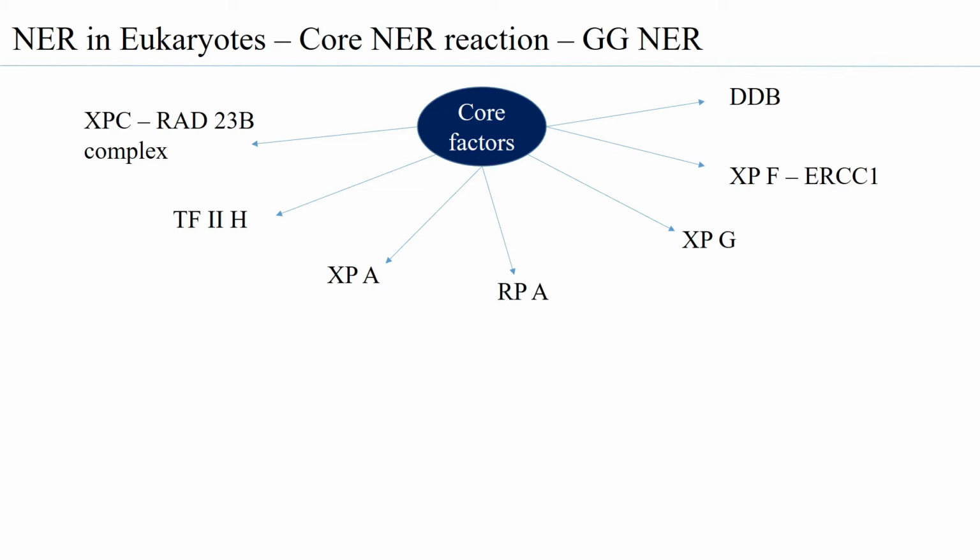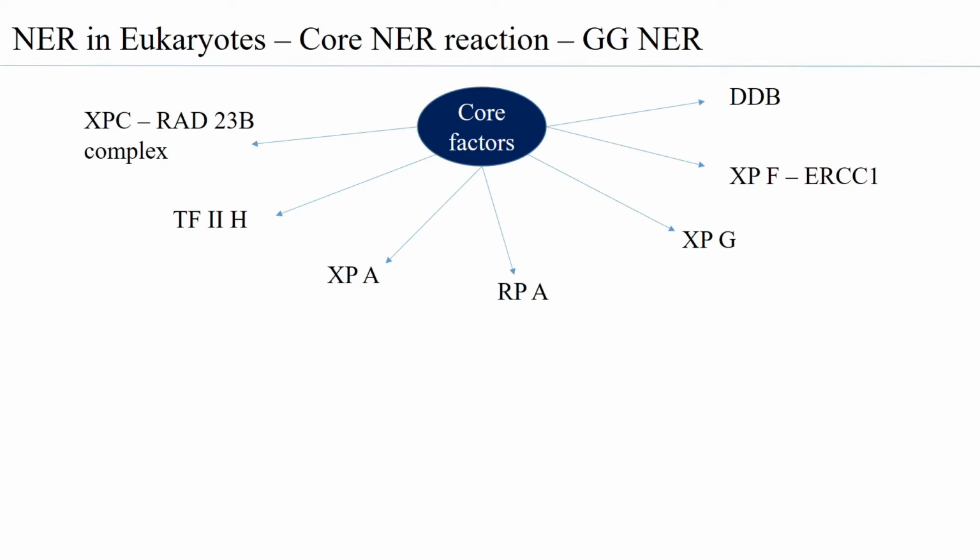One has observed that there are DDBs, UV DDBs, which are responsible for recognizing the CPD lesions, that is the cyclic pyrimidine dimers that are formed due to UV exposure. So the thymidine dimers or the pyrimidine dimers are recognized by these DDBs especially, and then these DDBs finally allow assembly of the entire NER system.